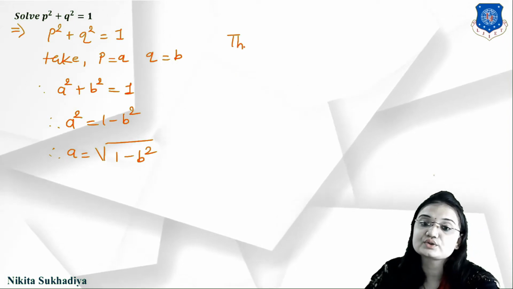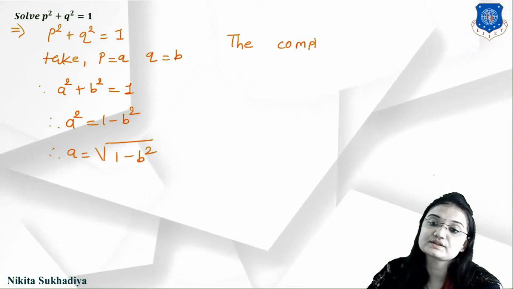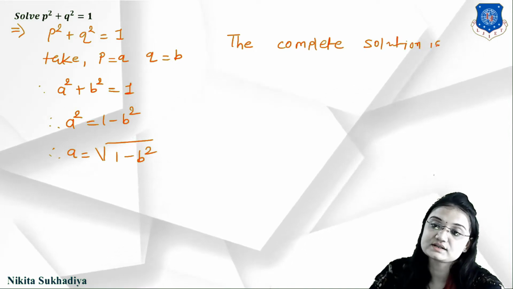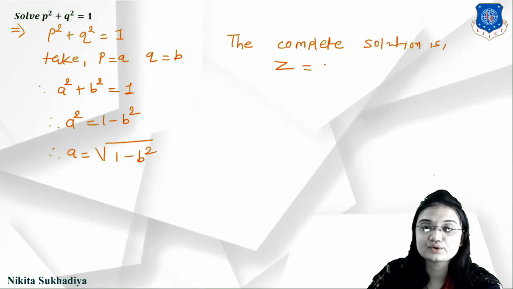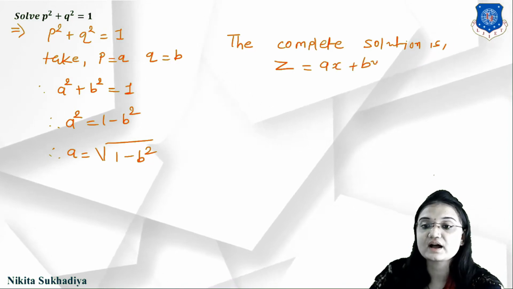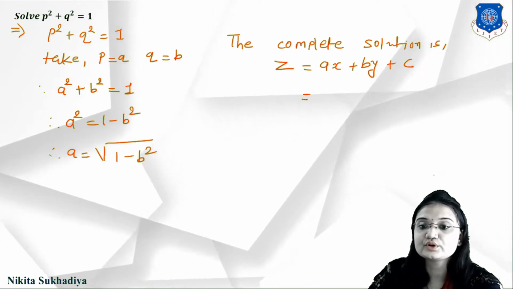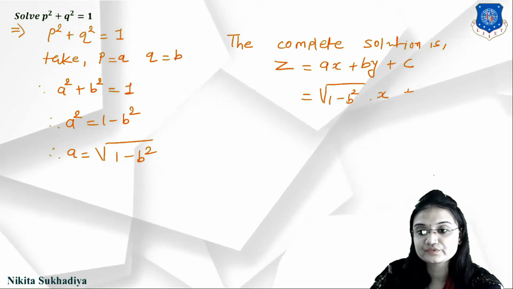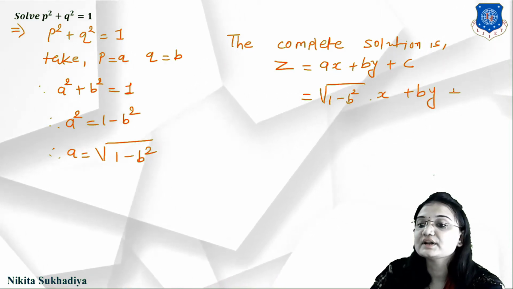The complete solution is z is equal to ax plus by plus c. So put a is equal to under root of 1 minus b square, into x plus by plus c.